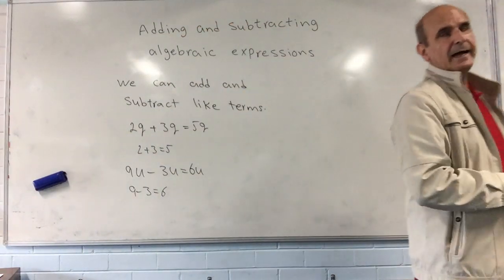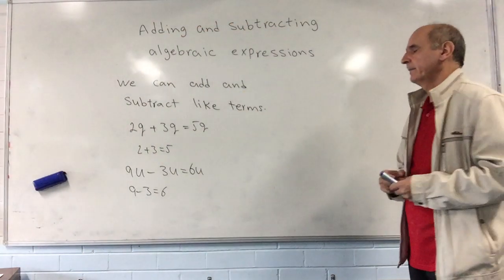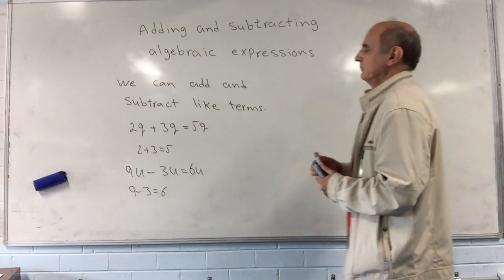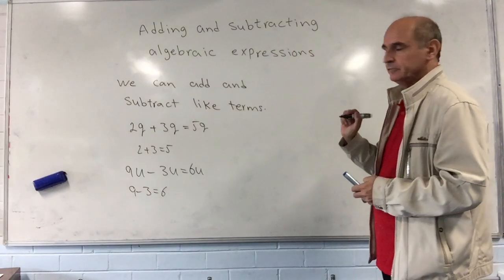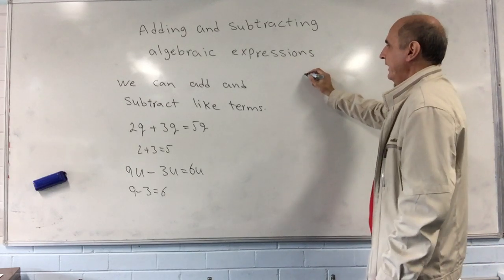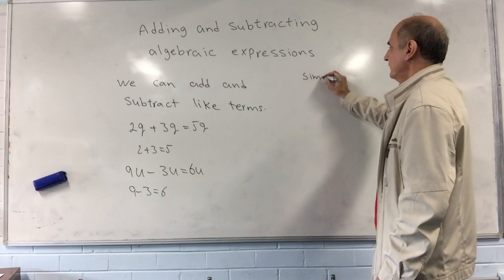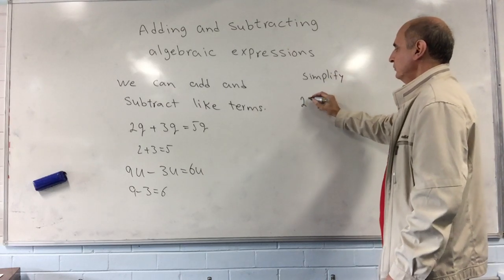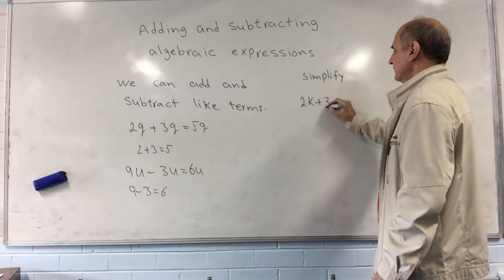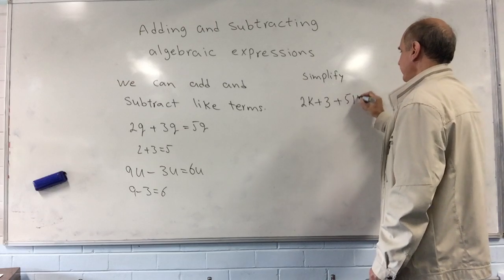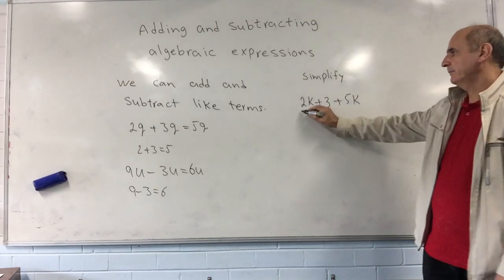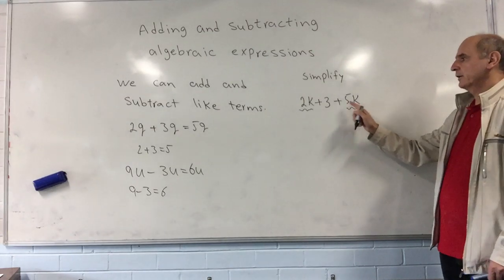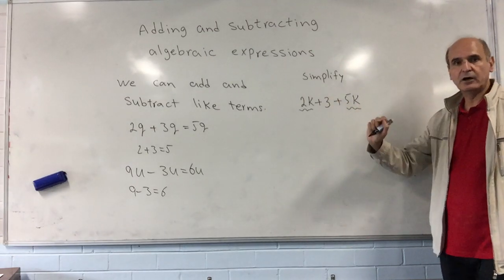We can also add and subtract terms when there are other terms in between. For example, if they ask you to simplify 2k plus 3 plus 5k. Here 2k and 5k are like terms, but 3 is not.